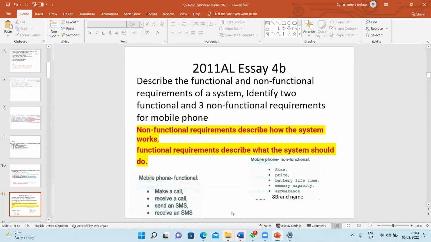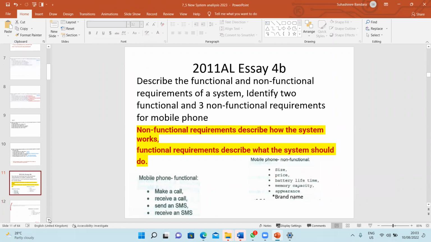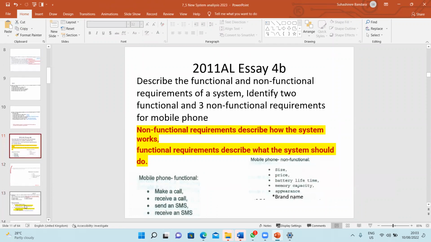So if it is a smartphone, accessing internet also can be there as a functional, but mainly functional requirement: make a call, receive a call, send an SMS, receive an SMS. Then non-functional requirement: size, price, battery lifetime, memory capacity, and the brand name. And the brand name can be whether Samsung or we can take whether Nokia, likewise.